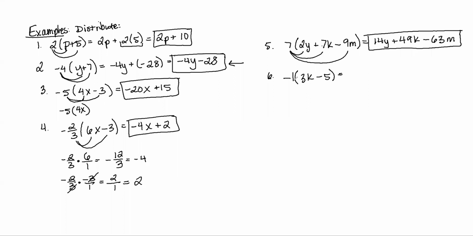So whenever you don't see a number, there's always a 1 there. So if I multiply both of these by negative 1, negative 1 times 3 is negative 3k. And negative 1 times negative 5 gives us a positive 5, so plus 5. And so all that negative really does, if you notice, it just changed the signs of each of these.